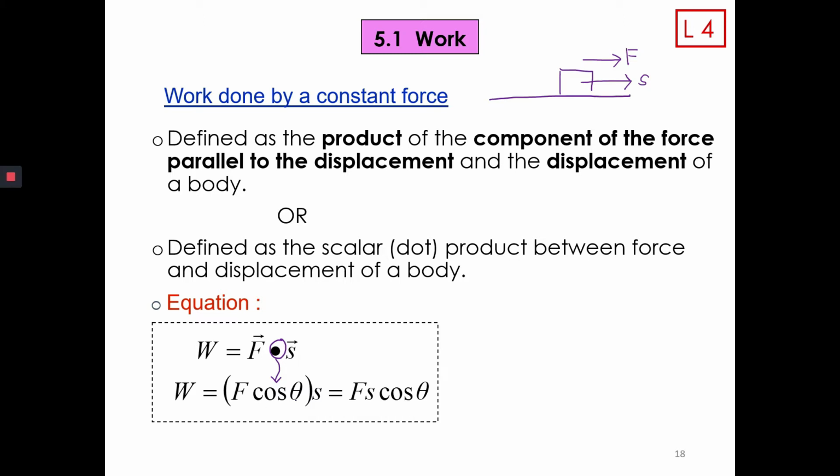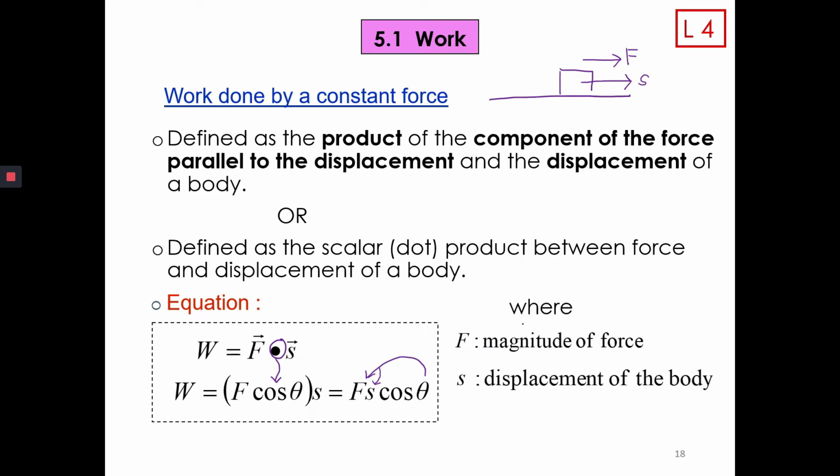So you have F cos theta times S, which is also equal to Fs cos theta, where theta is the angle between your force and your displacement. F is the magnitude of force, S is the displacement of the body, and theta is the angle between force and displacement.